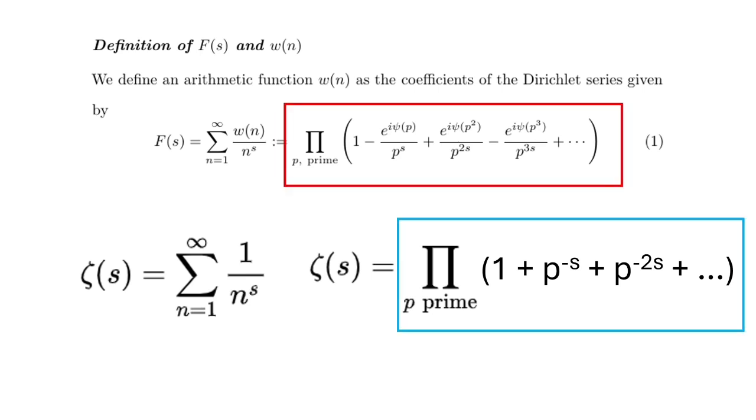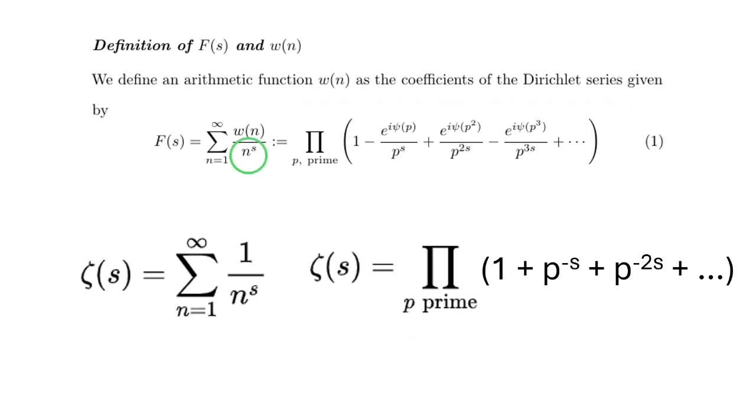So if we examine the right-hand side, we will find the usual product expressed over all prime numbers of an infinite sum, but it's been changed. And it's the changes on the right-hand side that serve to give us the definition of w of n. N has a prime factorization made up of terms p to the k.